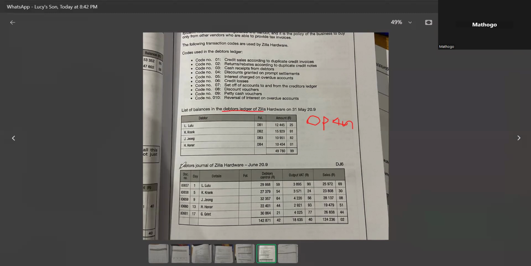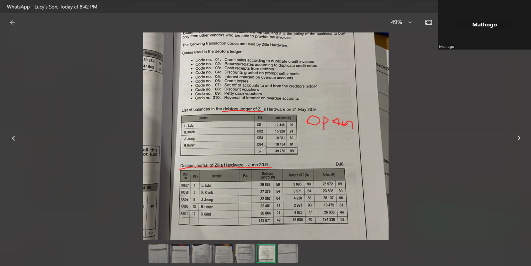And then we've got this information over here. They say debtors journal of Zilla. So in the debtors journal, young men, notice it is for this current month, meaning they're trying to reflect to us what we sold to our customers during the course of this month. I want you to take cognizance of the different columns that you've been given. There's this column here written debtors control.